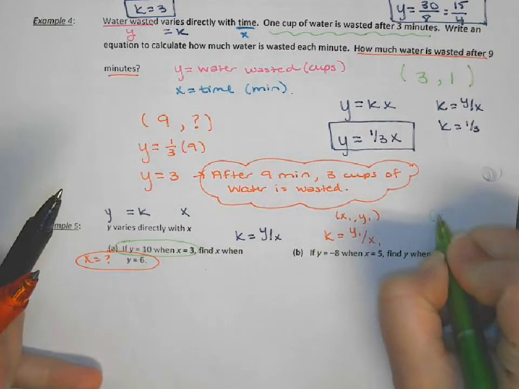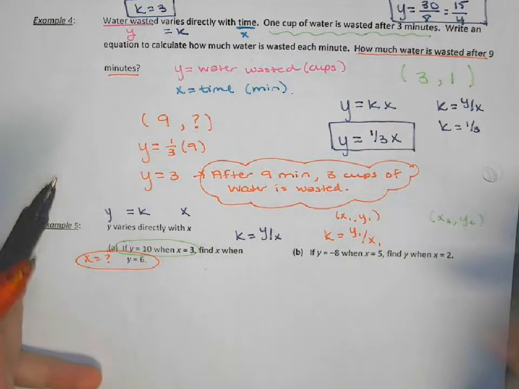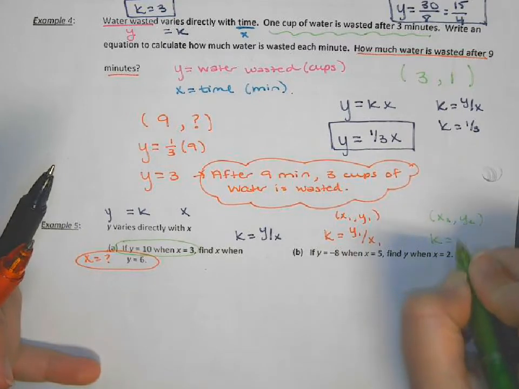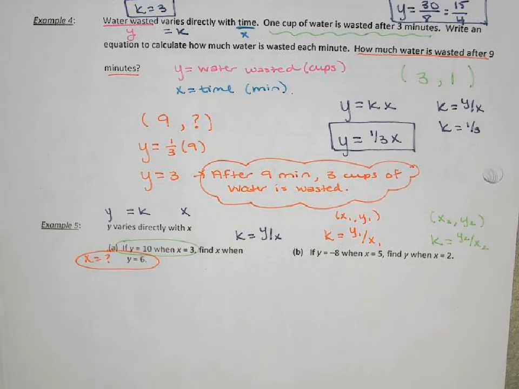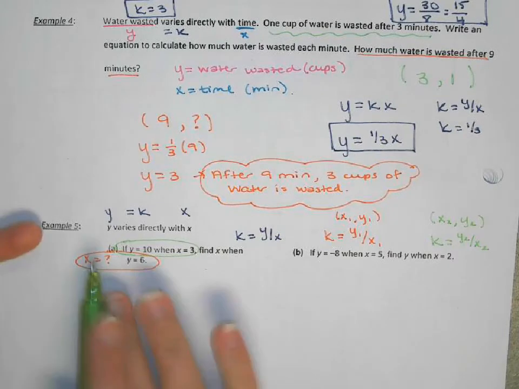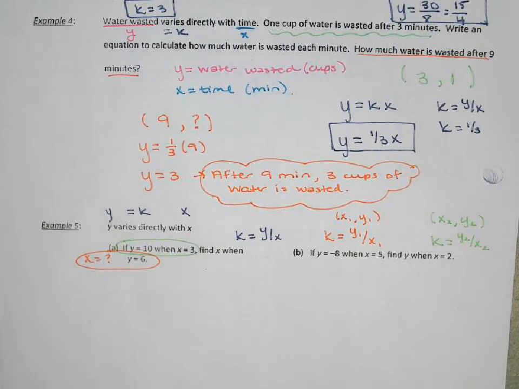We'll call that x2, y2. And I find my k value, it would be y2 over x2. I'm still going to get the exact same k value, because it doesn't matter what point I use, I always have the k value. And it's always going to be the same because y varies directly with x. Because it's a direct variation equation.